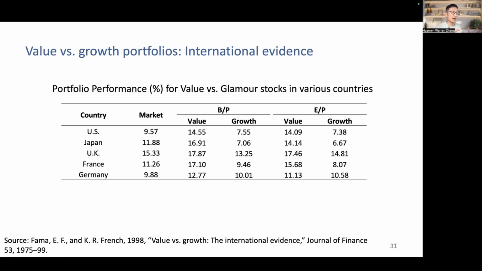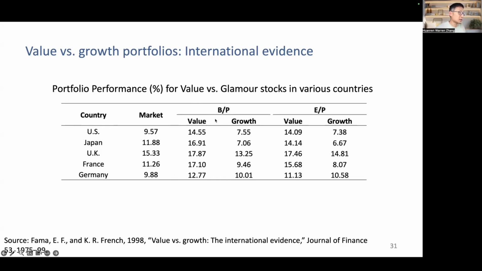So we also have this performance across the globe, right? So here, in the following 5 countries, we observe the portfolio performance difference between value versus growth stocks in various countries. So here we see the corresponding portfolio performance in percentage points.